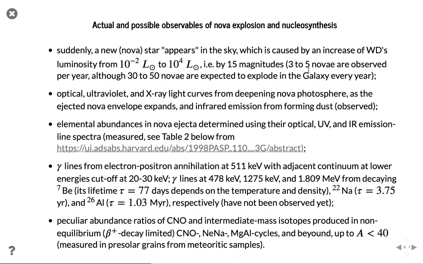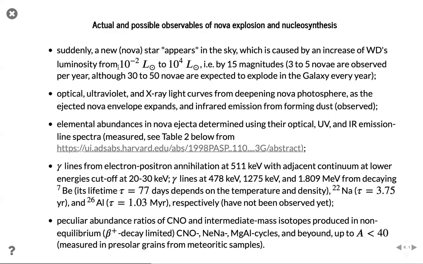So many novae that explode in the Milky Way galaxy every year, they are just not seen. So therefore, statistics allow to estimate that given that we really observe from 3 to 5 novae per year, this means that approximately from 30 to 50 novae are actually exploding in the galaxy every year.